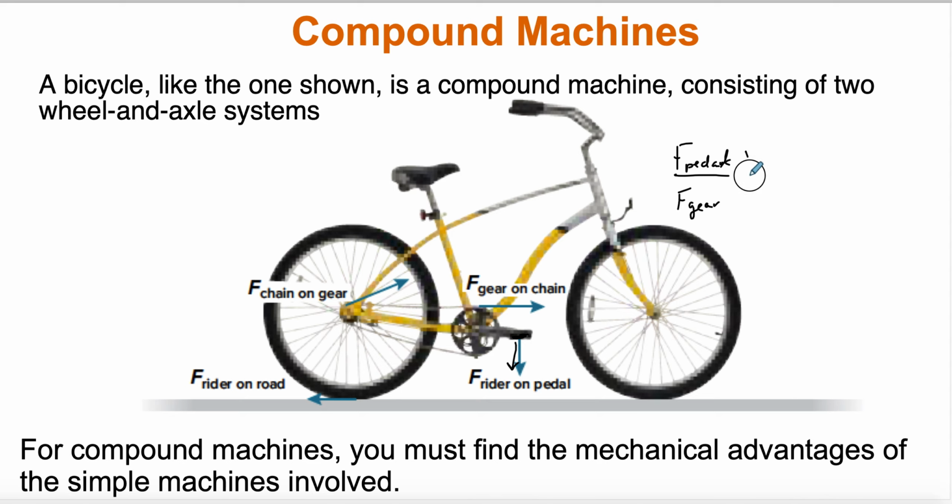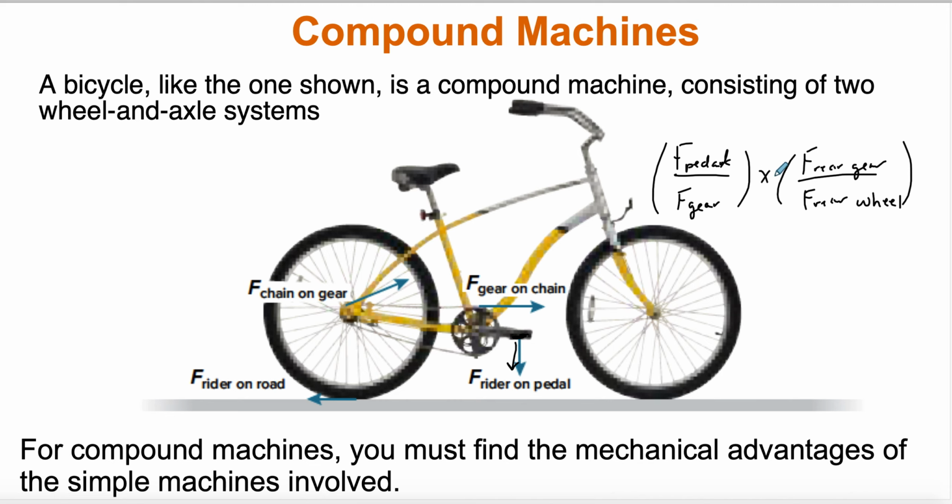And then if we're talking about forces here, the force on the chain is going to be the force on the rear gear. That's our effort force there, which would be the force on the ground at the rear wheel. I know this is kind of hard to read. And so we can compare these two.